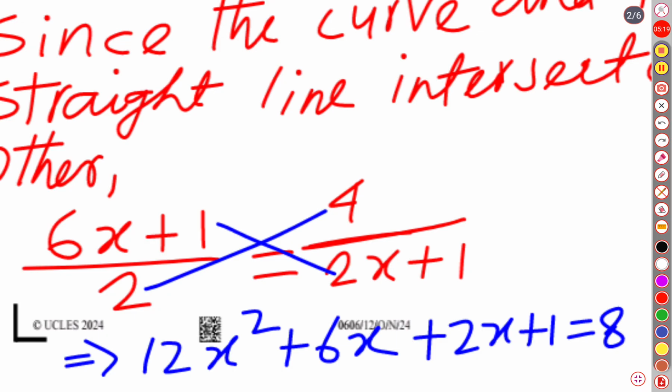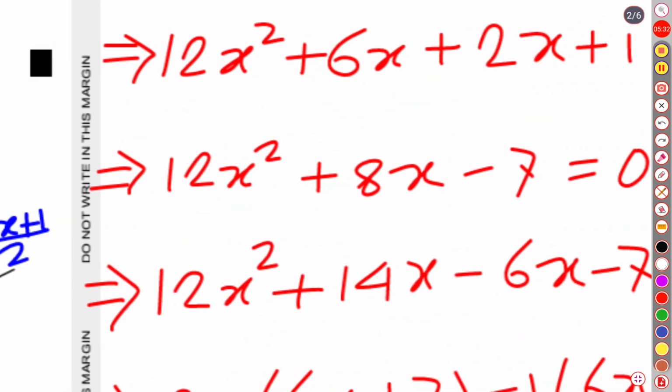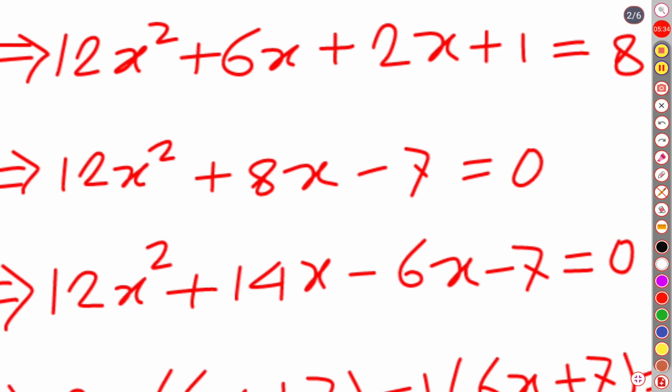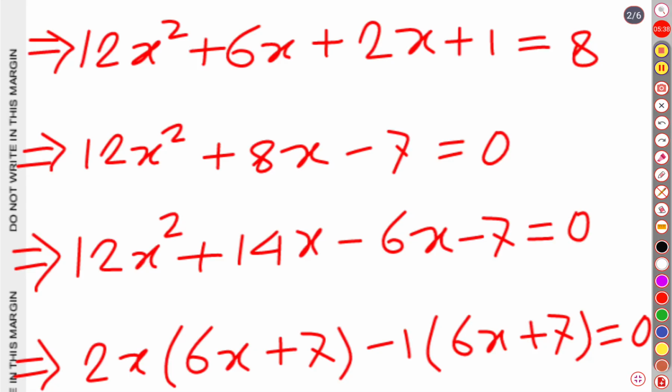So this is simple cross multiplication. After cross multiplication, we have got 12x square plus 6x plus 2x plus 1 is equal to 8. I have written the same expression over here. You can see here, 12x square plus 6x plus 2x plus 1 is equal to 8.